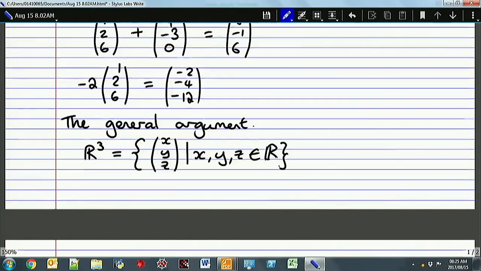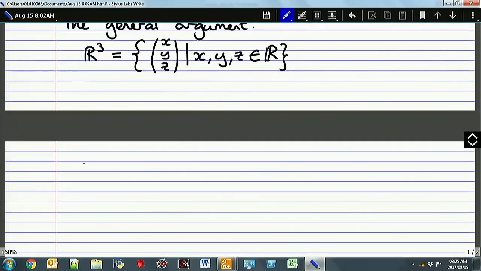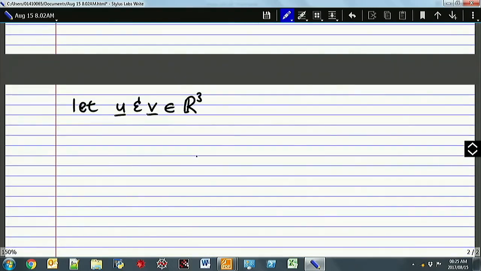So if we take arbitrary elements in R3, let U and V be elements of R3. Then I'd like to write down U is equal to something.